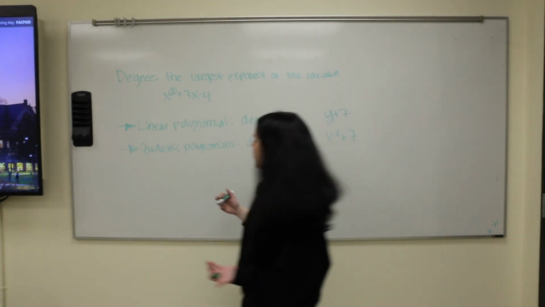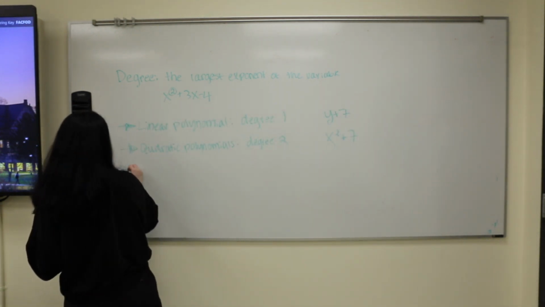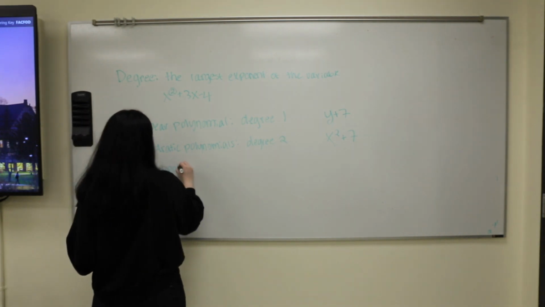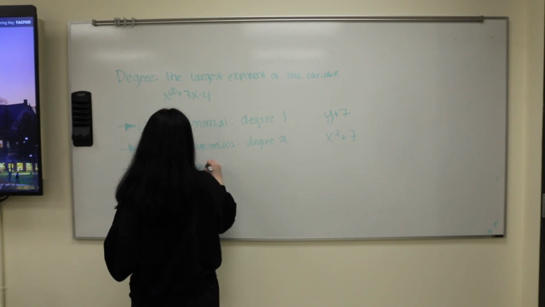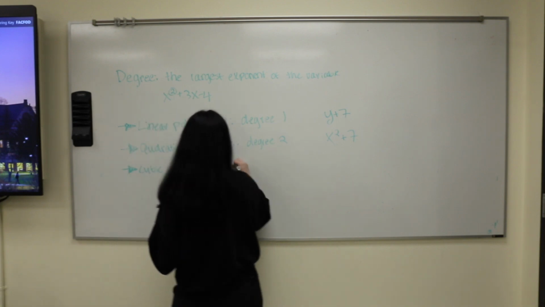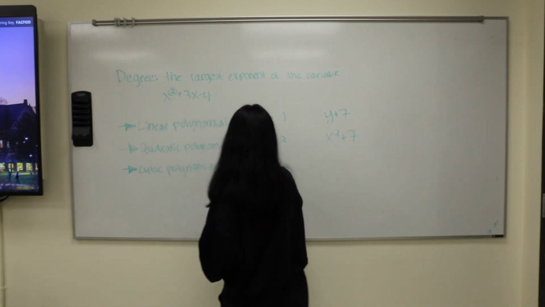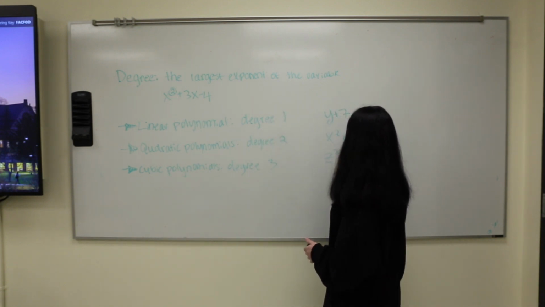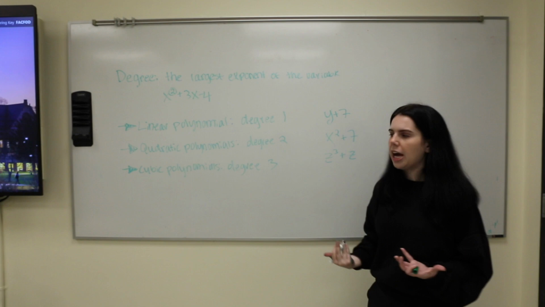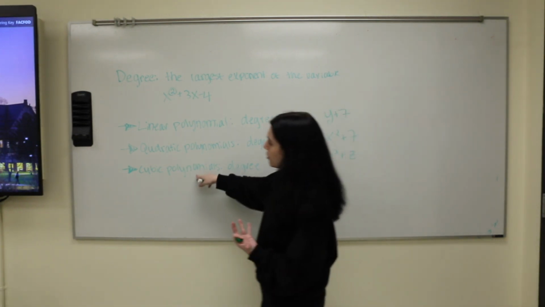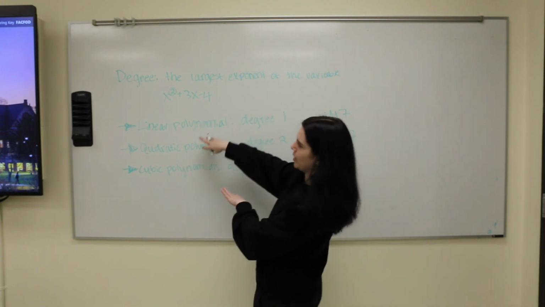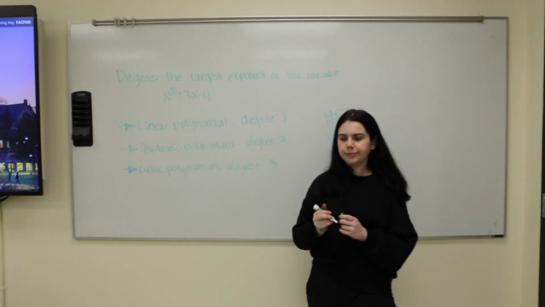And then lastly, we have cubic polynomials, which have degree 3. And that would be something like z to the power of 3 plus z. Polynomials with higher degrees also have names. However, these are the only ones we're going to worry about memorizing for now.